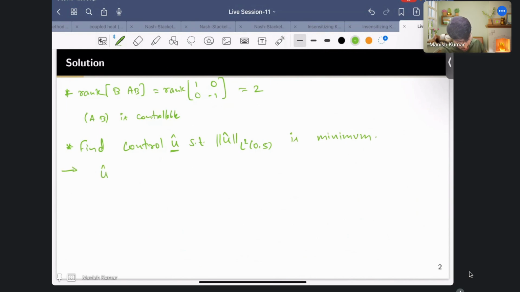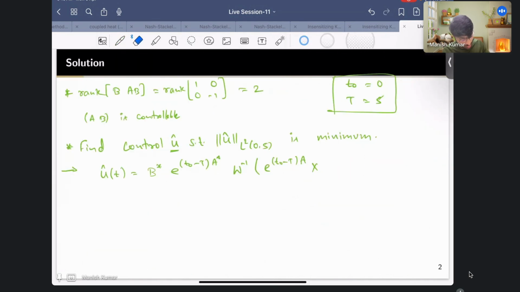The control we have given earlier, if you can recall, was something like: first it will be B star, and then you will have e to the power (T naught minus T) A star, and then the inverse of the controllability Gramian matrix, and then e to the power (T naught minus T) A times x1, or rather here x5, y5, that is the final value, minus the initial value x0, y0.